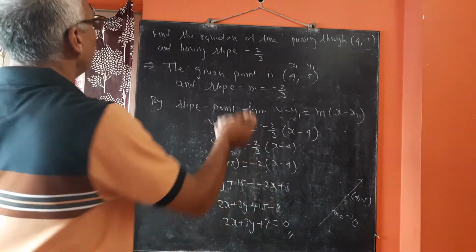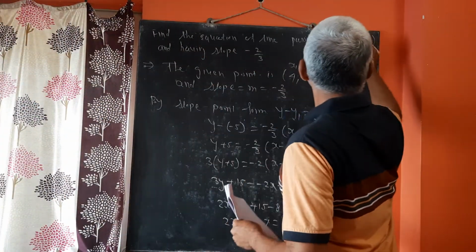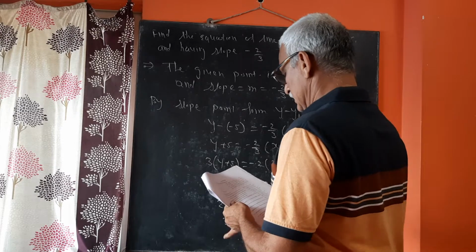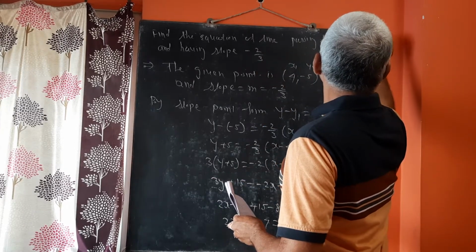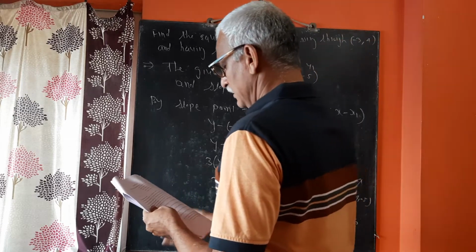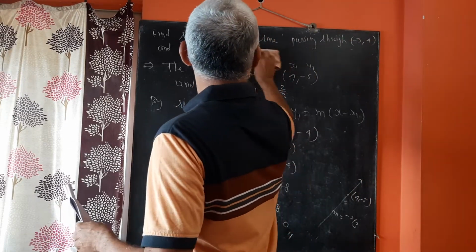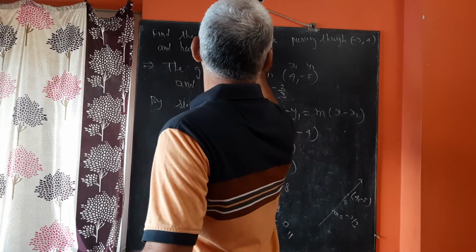Find the equation of a line passing through the point minus 3, 4 and the slope is 1 upon 4.